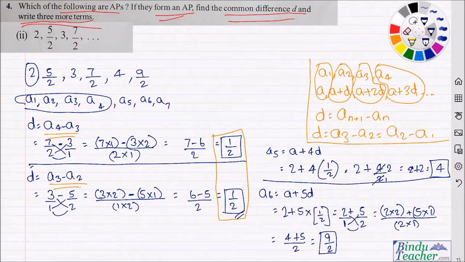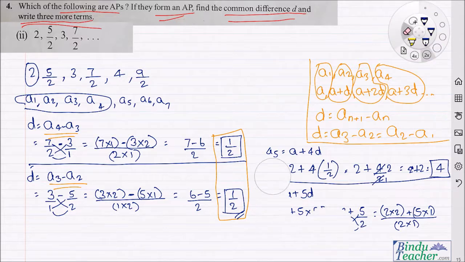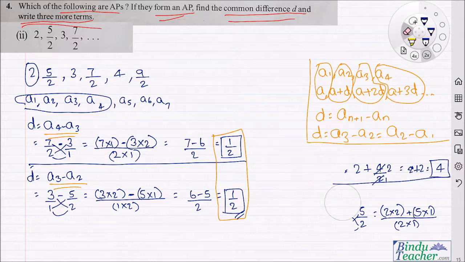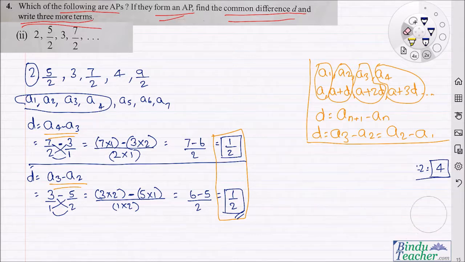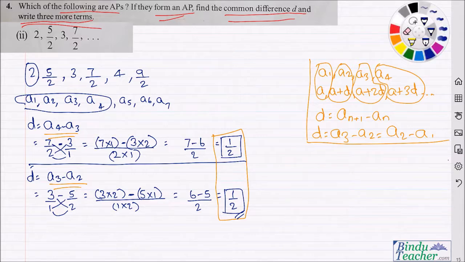Now we have to find A7. Again, I'm running out of space here, so I'll erase some of this. Now the formula for A7: A7 will be A plus 6D, right?